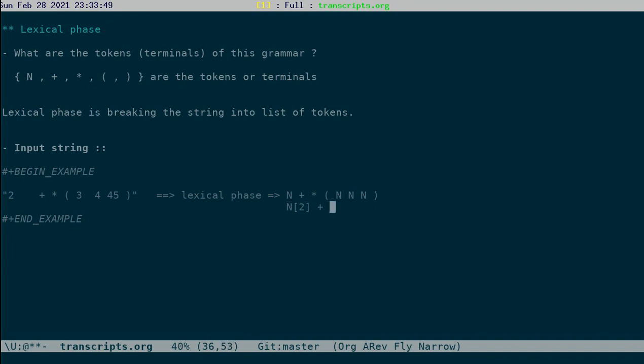Then you have plus, its semantic value is plus itself, star, bracket, then n3, then n4, then n, let's say 45. Notice that it is not single digits that are counted as n, but the whole number. And then you have the bracket. This is how the lexical phase looks.